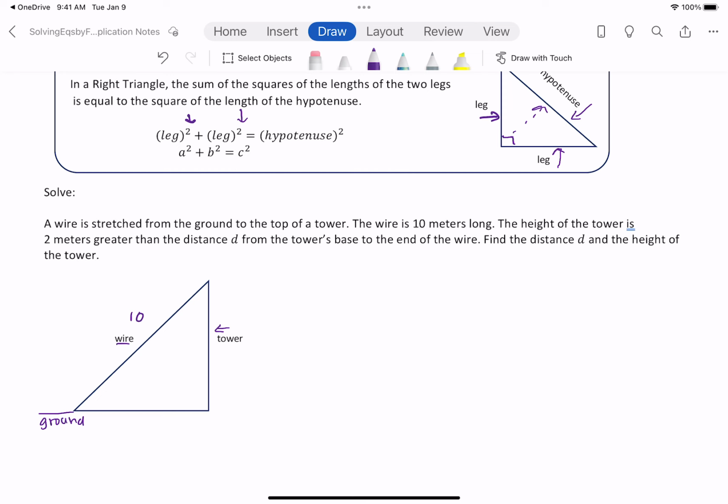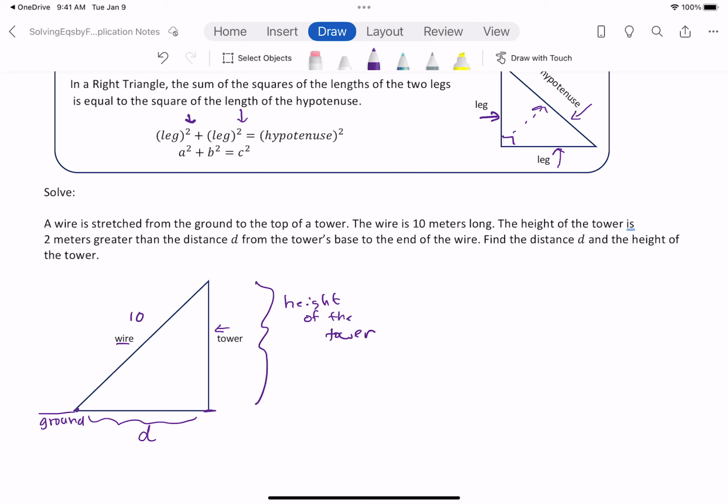So we know that this distance here is the tower. So this is the height of the tower. So that leaves this leg to be d, which is the distance from the base, or the bottom of the tower, to the end of the wire.